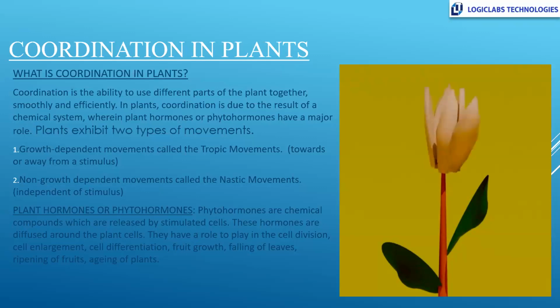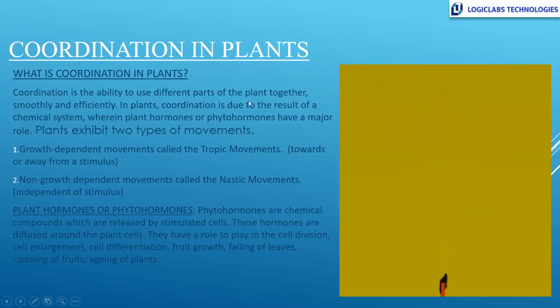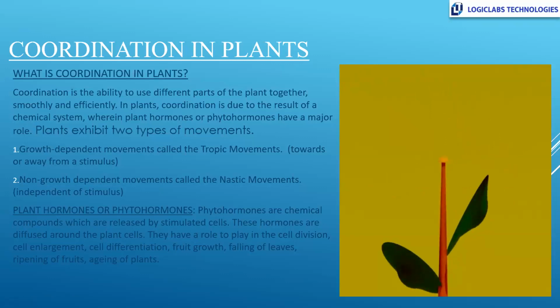This is how plants form their coordination, due to the result of a chemical system. They have plant hormones, which we call phytohormones, which play a very major role in coordination of plants.